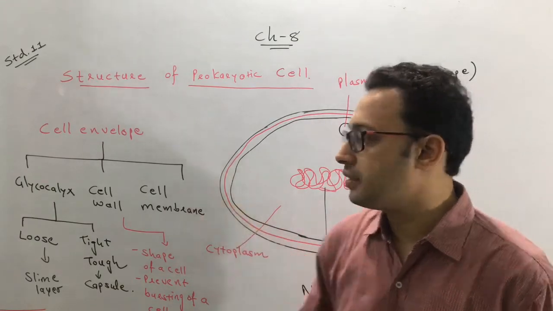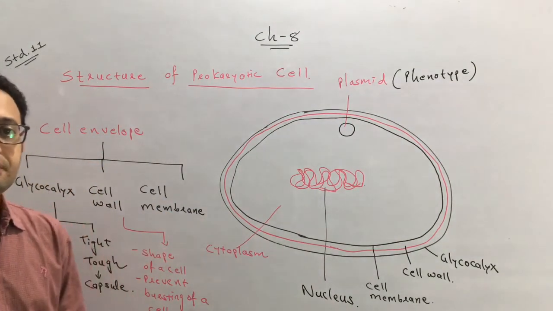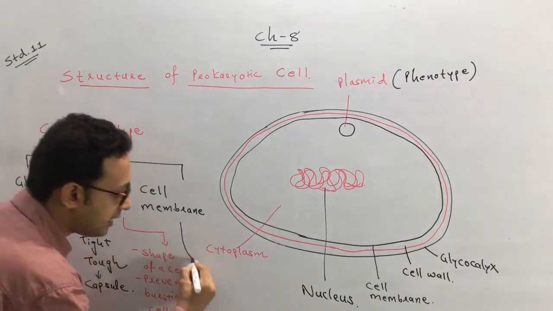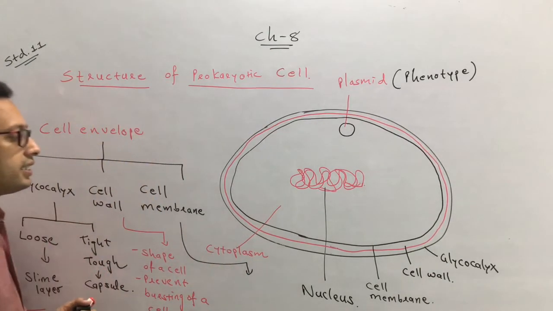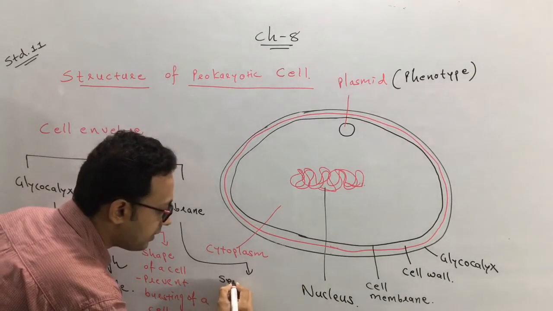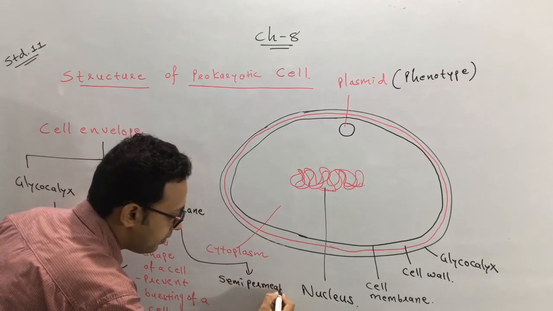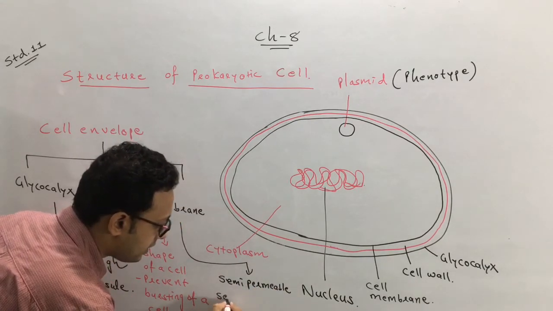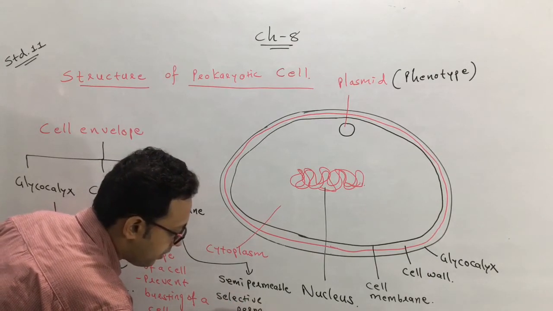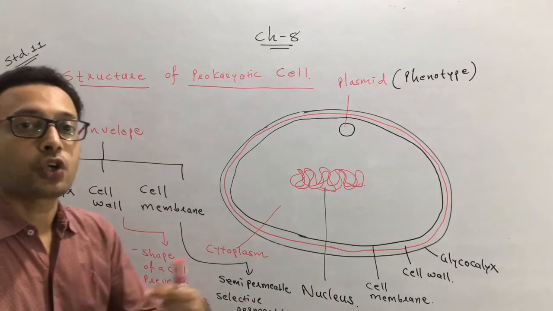Now the third layer is called the cell membrane. This is the innermost layer. Like other cells, or the eukaryotic cell, it is a semi-permeable and selective permeable membrane. That means it only allows selected molecules to cross it.